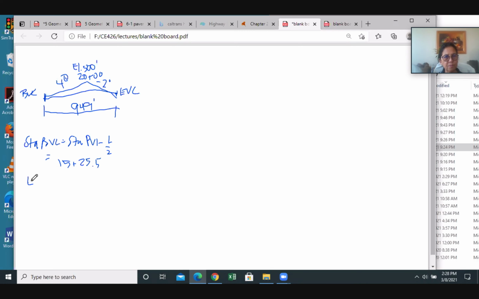What about the elevation of the BVC? Elevation of the BVC is equal to, again, this should be lower, so 500. I'll put the 100 here.